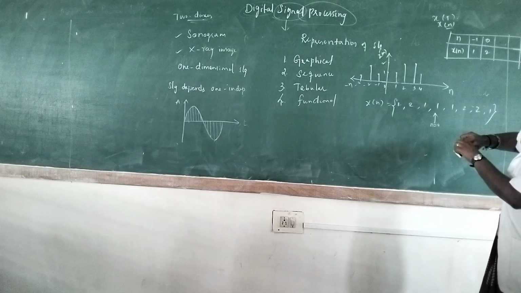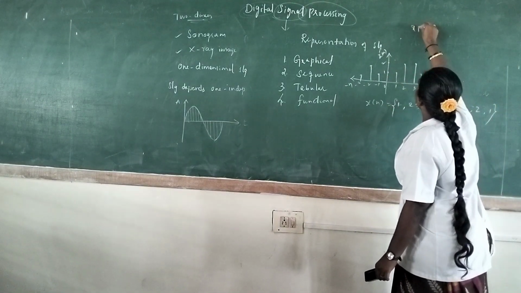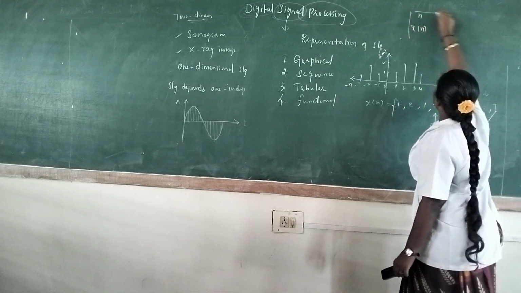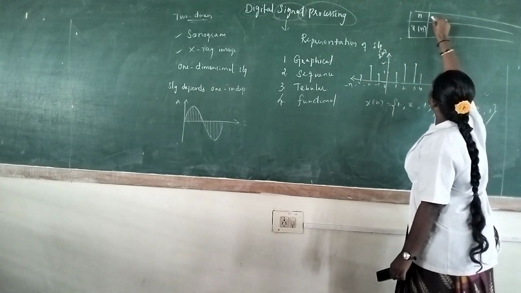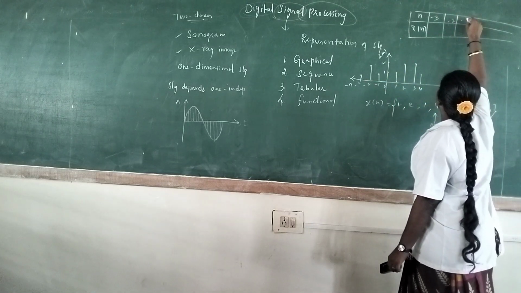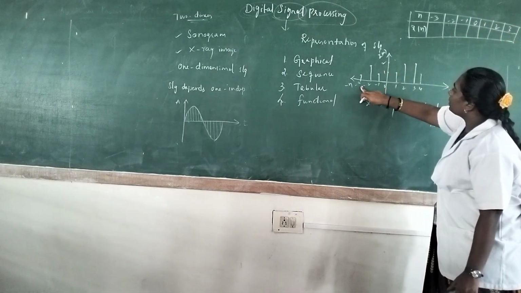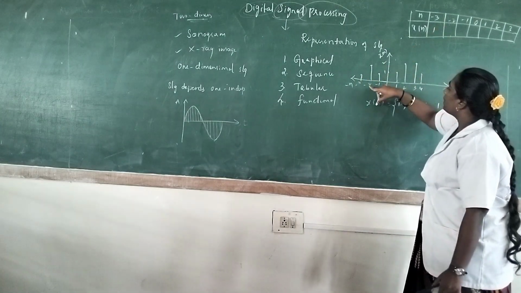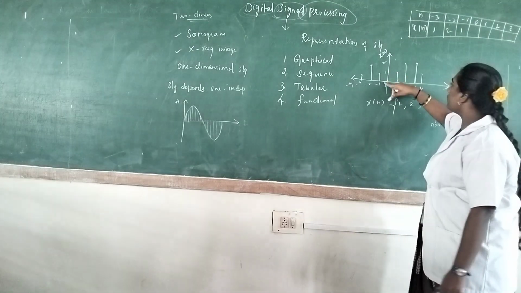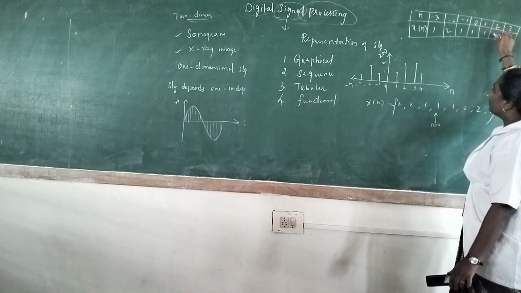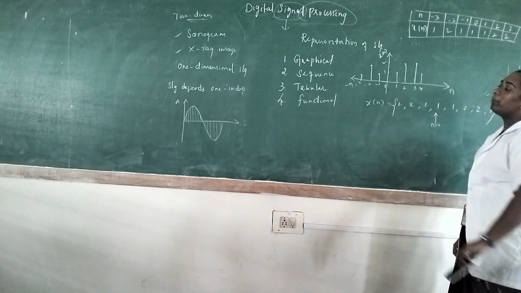If you want to compare also, you can write in this order: n and x of n. Here the samples will start from minus 3, minus 2, minus 1, 0, 1, 2, 3. If n is equal to minus 3, then the value is 1. N equal to minus 2, then the value is 2. N equal to minus 1, then the value is 1. For 0 it is 1, 1 is 1, 2 is 2, and 3 is 2. So this is the representation of a signal in tabular form.